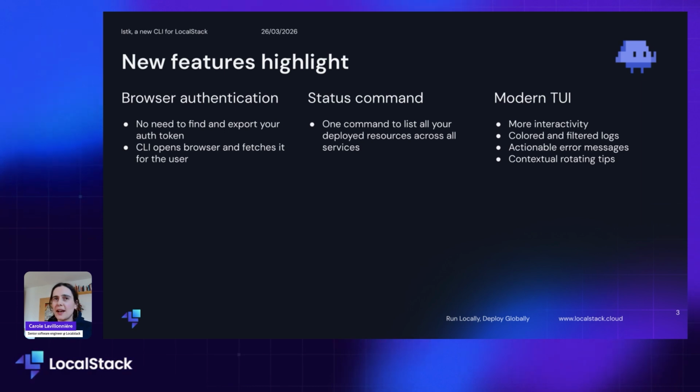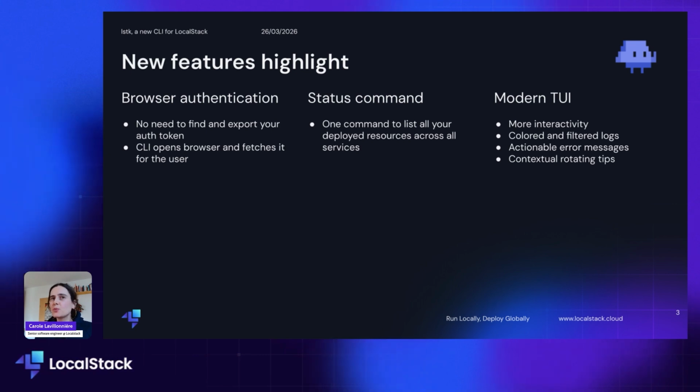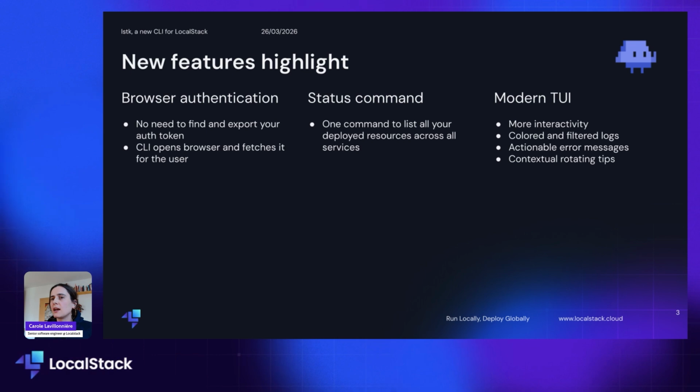And then the last highlight I wanted to talk about, and that you will see in a second in the demo from Silvio, is the new TUI. We have a great UI that is much more interactive, with actionable error messages. We know, for example, that the log output in the legacy CLI was kind of overwhelming, so we've worked on filtering those logs and making them colored so it's much easier to understand what's going on.